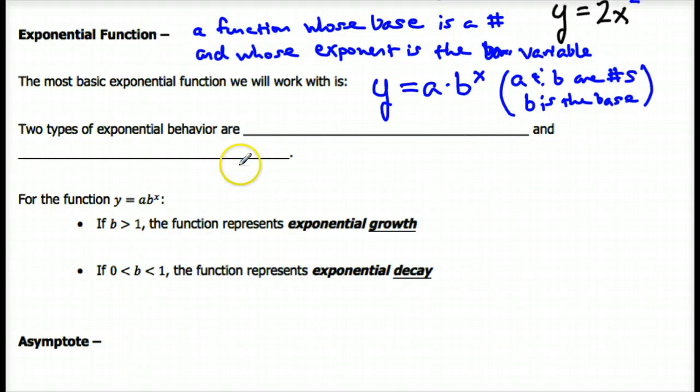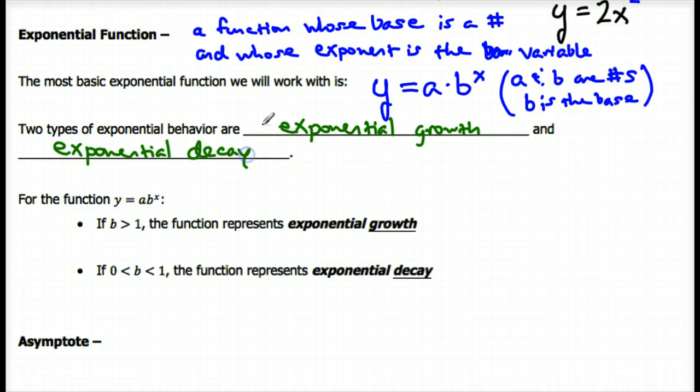I want to talk about the different types of exponential behavior. So we have what's called exponential growth and exponential decay when we deal with exponential functions. Each of these different types of behavior is going to look different in terms of a graph.